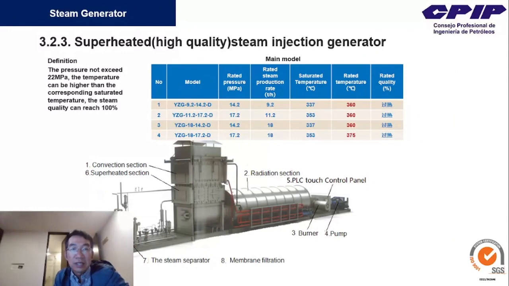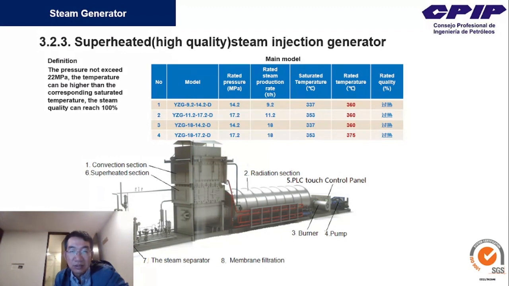And the third one is the superheated steam injection generator. The pressure does not exceed 22 MPa, and the temperature can be higher than the corresponding saturated temperature. The steam quality can reach 100%.